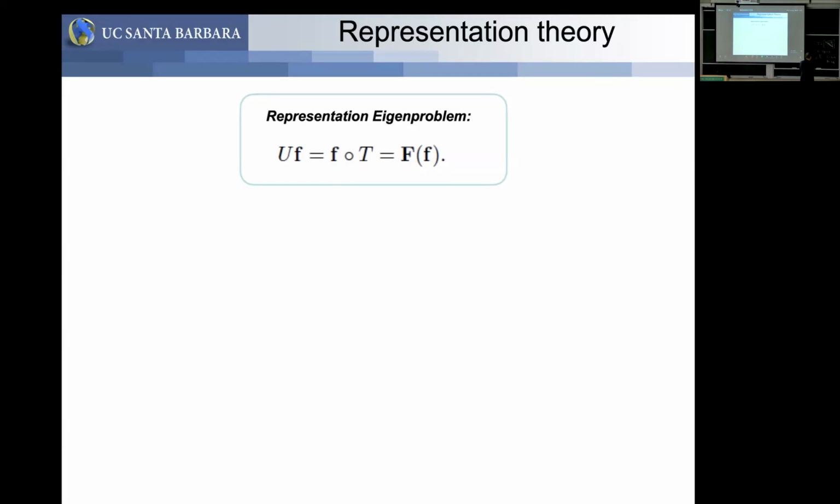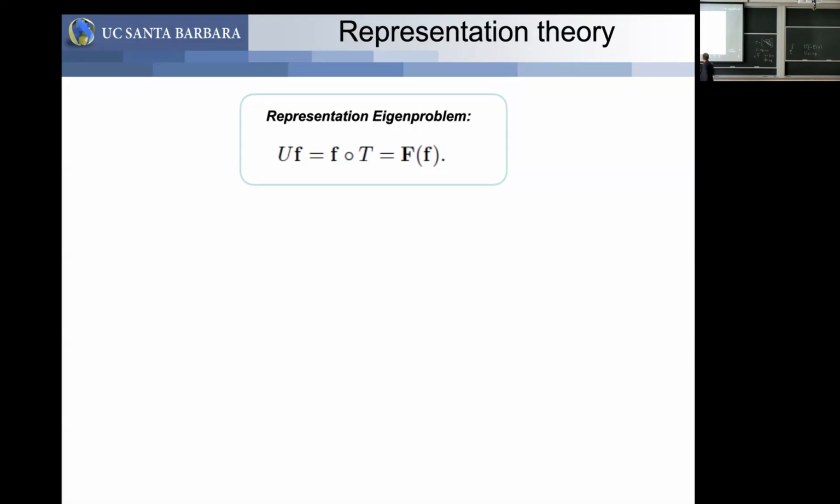Do we know solutions to that problem already? Sure. The regular eigenproblem is one of those things. If you find an eigenfunction, your capital F is just a linear scalar map. So any standard eigenfunction problem fits here.